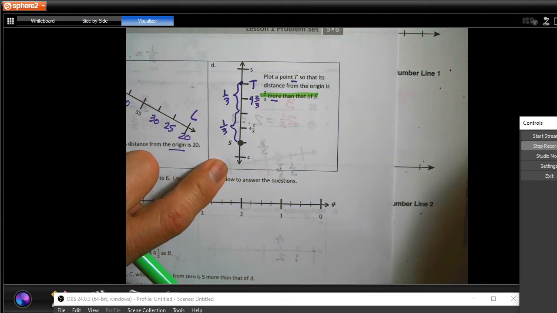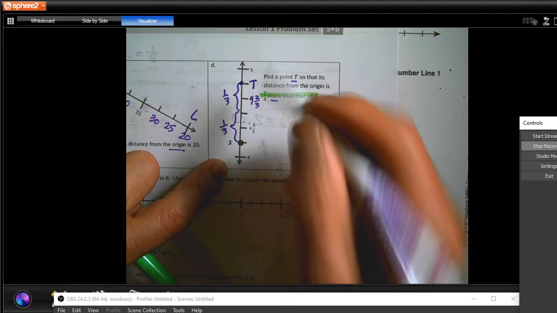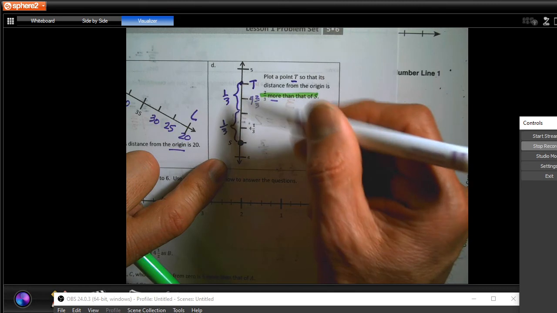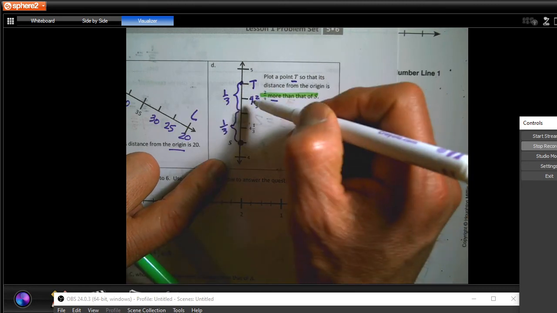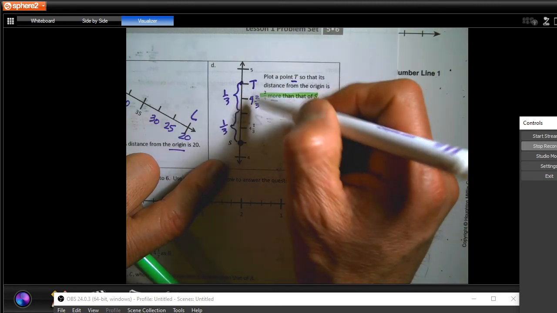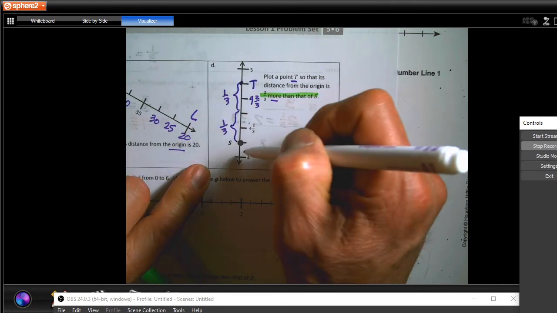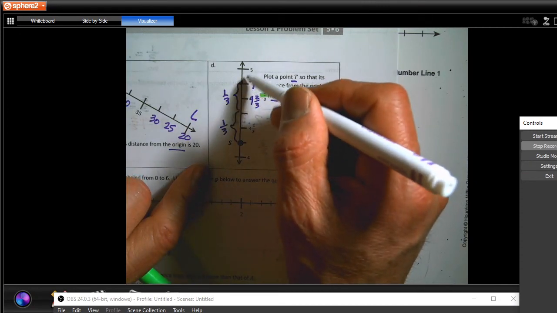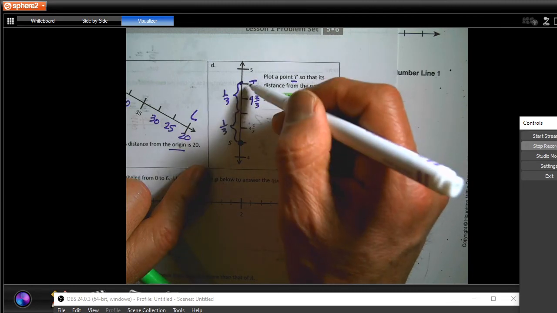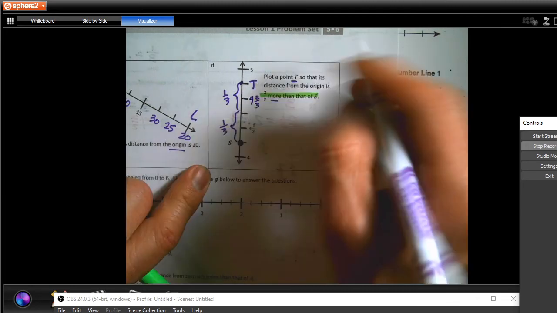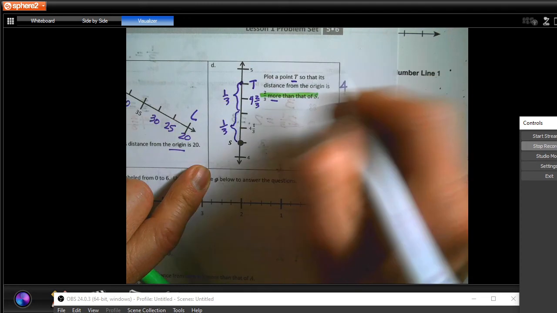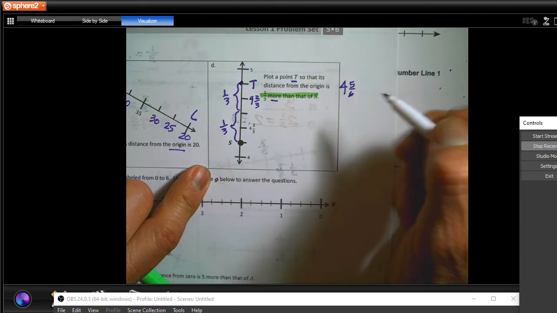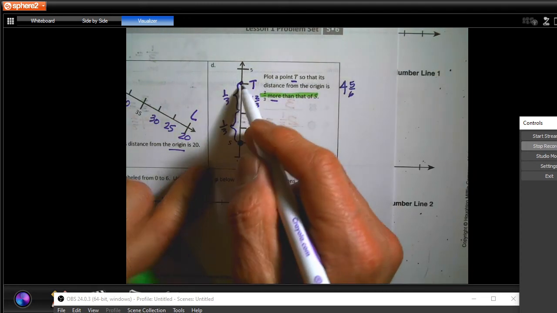Now, what will be the measurement there? Well, if you count all the ticks, it's going to be 1, 2, 3, 4, 5. So that's 6 ticks. So that part is going to be 4 and 5 sixths, which is how you plot that number.